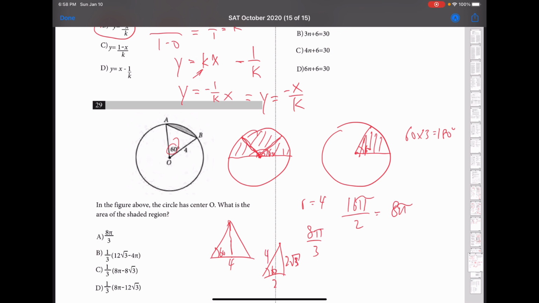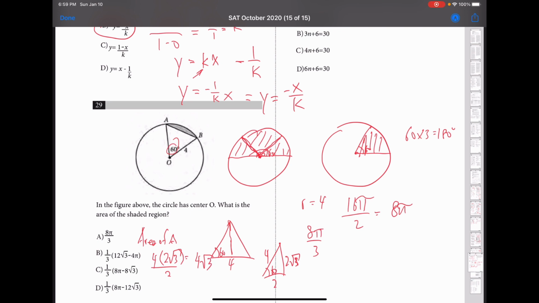So the area of the triangle would be equal to 4 times 2 radical 3. And then if you divide that by 2, because you have to take half of base times height, you're going to get 4 radical 3.